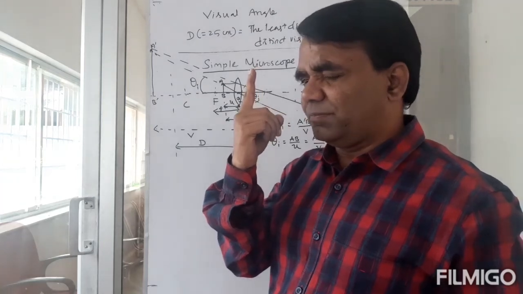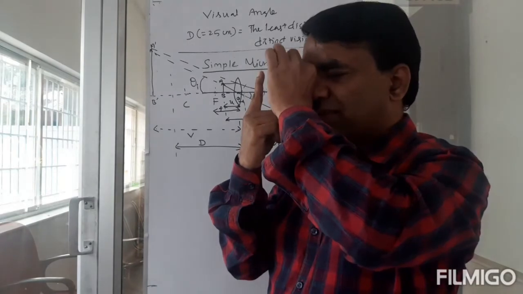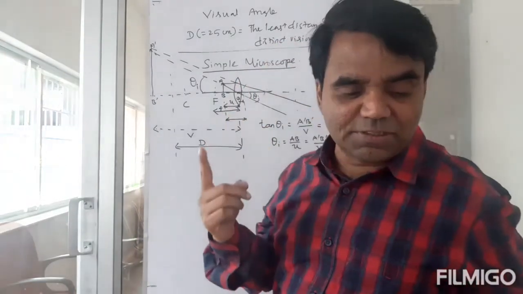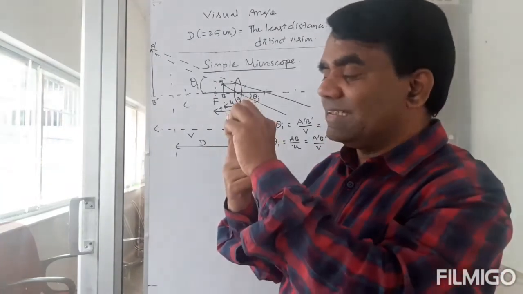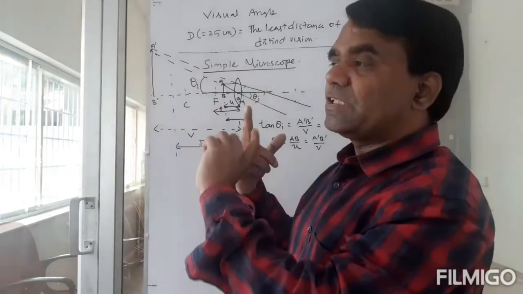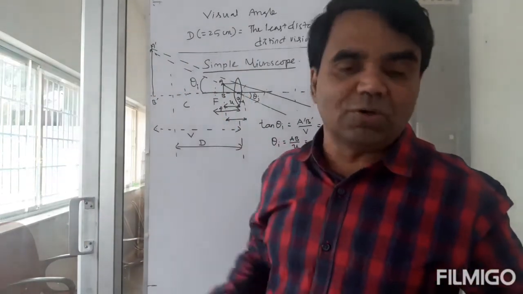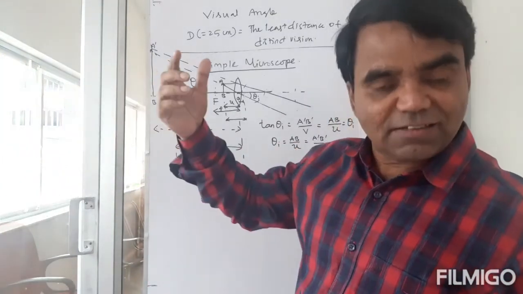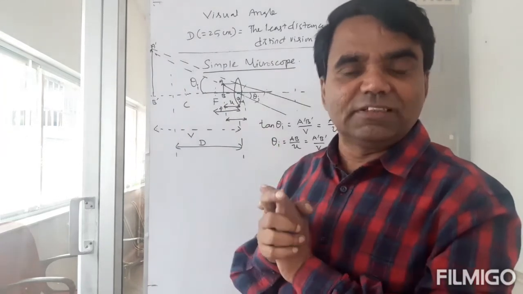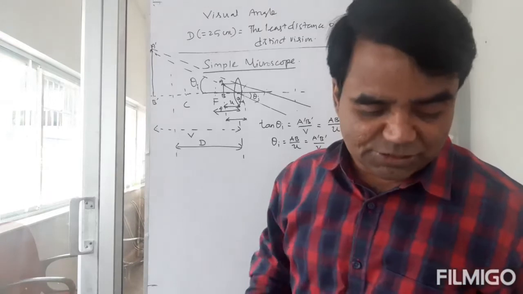But now, if I use this lens, I have a bigger angle and also the clarity of the picture. Because I am not looking at this now, but I am looking at this image which is formed at D or beyond, which I can focus on the retina, can converge on the retina. Okay, so that is the advantage.